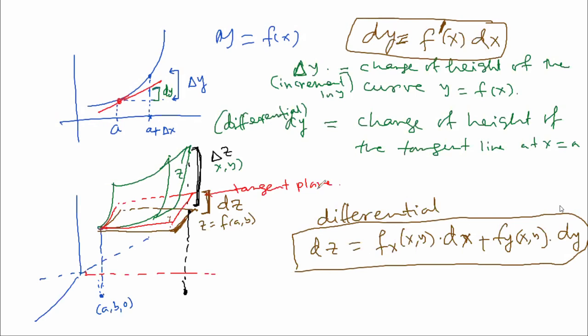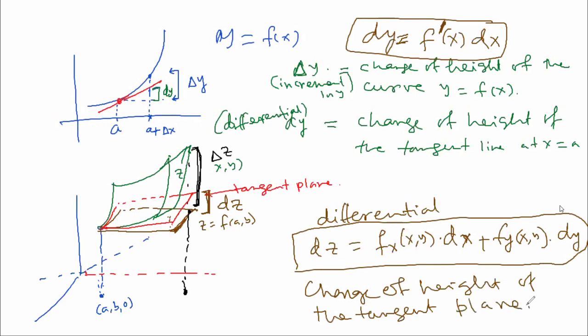So what is dz again? This is the change of height of the tangent plane. Is it clear what's happening?